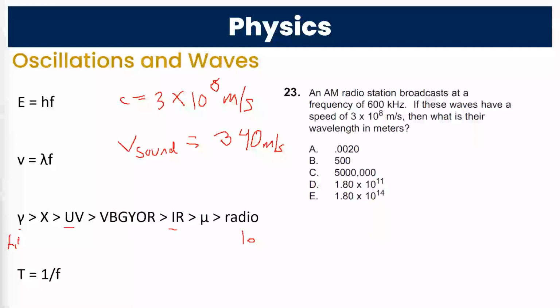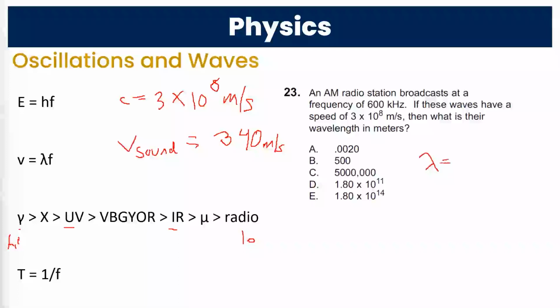So a question like 23 is very straightforward, and they're even nice enough in 23 to give you the speed of light. What would I need to do to find this answer? We're being asked what wavelength is, and we're being given frequency.